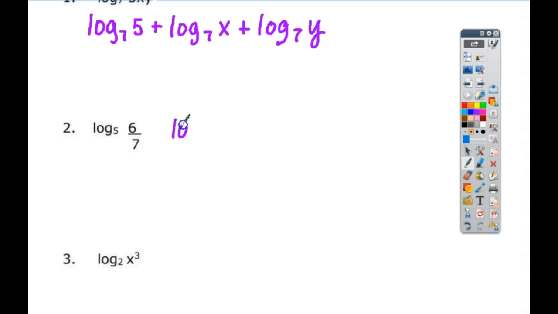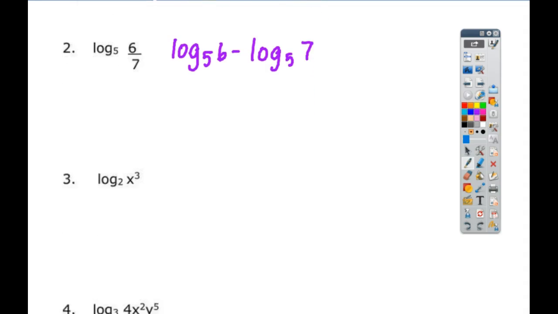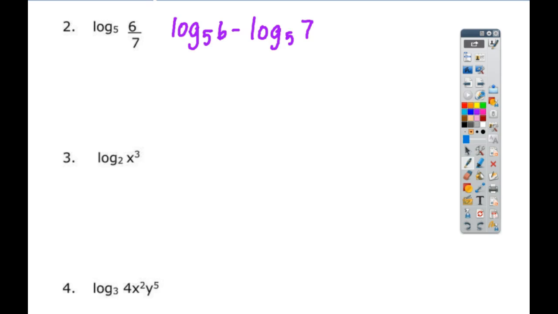So I'm going to have log base 5 of 6 minus log base 5 of 7. And the last one, I have a power, and the only thing I can do with the power is drop it to the front. So I get 3 log base 2 of x.